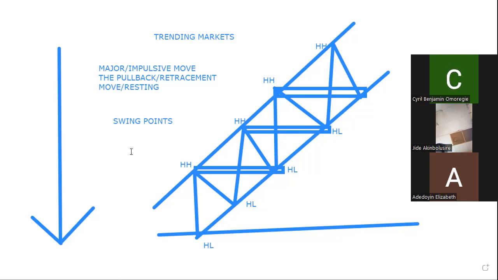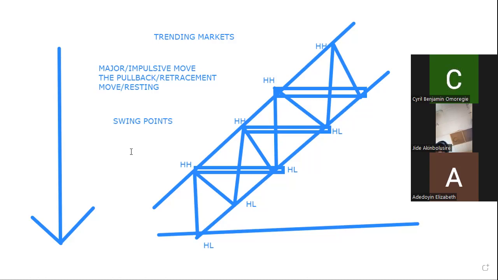Well, a swing point in a downtrend is a previous support that became resistance. Are we all there, sir?